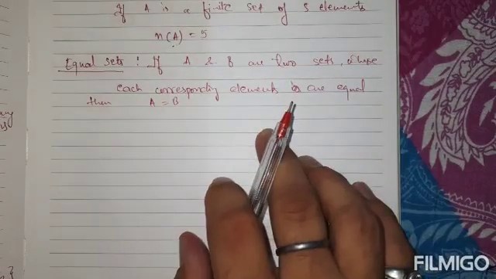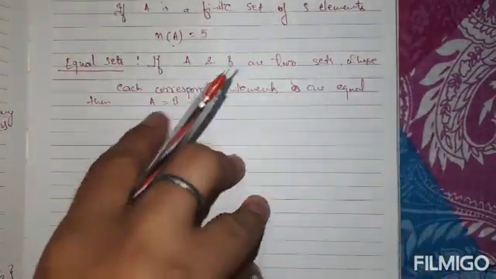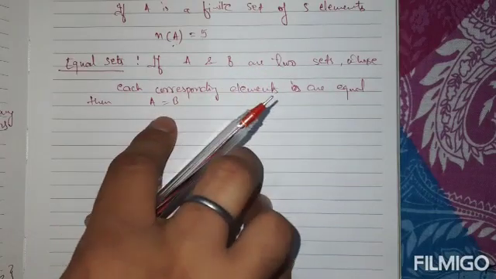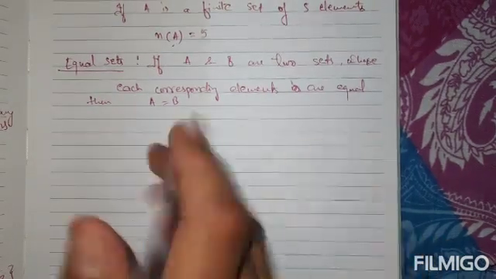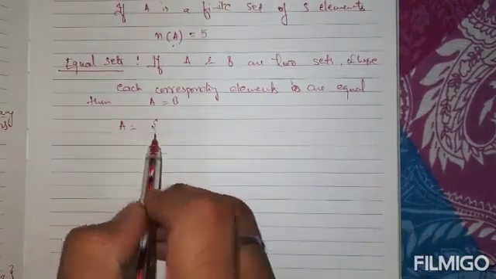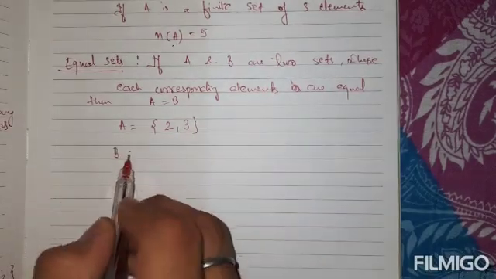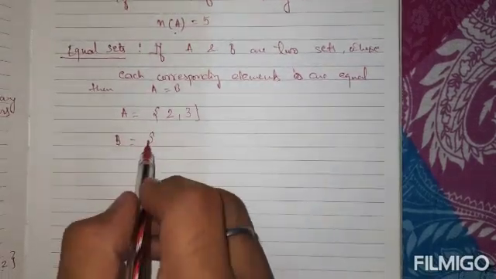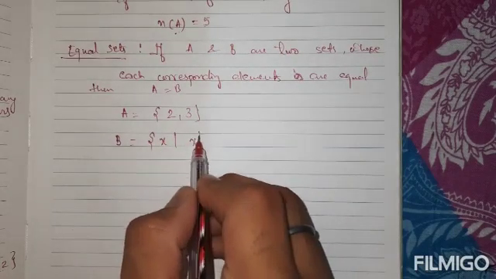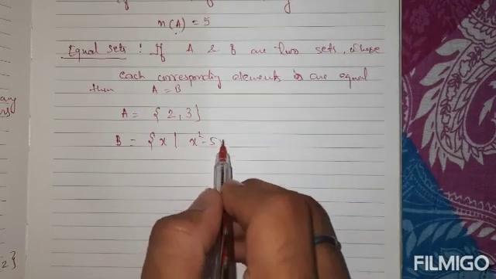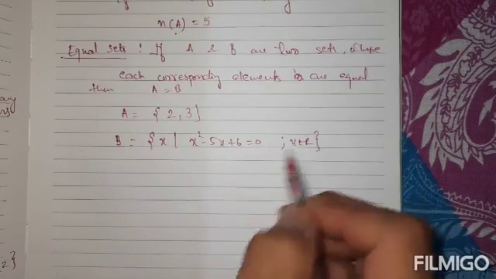Listen students, we call sets A and B equal only when they have the same number of elements, and the elements of A and B are all equal. Means suppose A is a set containing the elements 2 and 3. And let us write one more set. Suppose B is the set of all x such that x square minus 5x plus 6 is equal to 0, where x belongs to R.